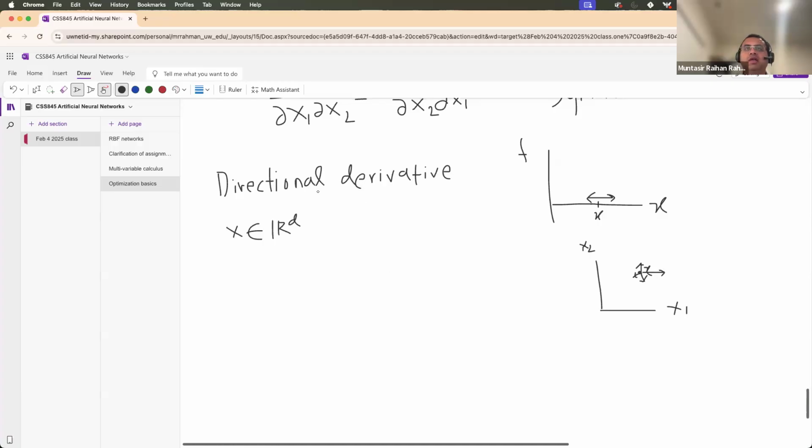So the directional derivative says that if I have a vector x such as this, I want to choose a particular direction d and move a bit in that direction. And I want to see how the function changes, right? So the way I think about this is I have a function, and I am currently at x, and I move in the direction of d a small amount alpha, where alpha is a small value.